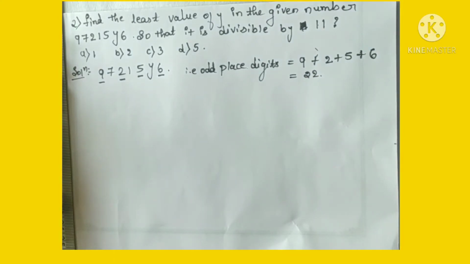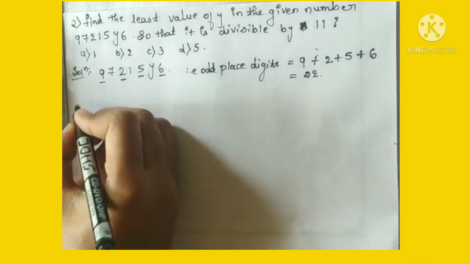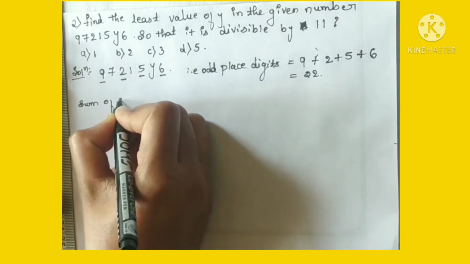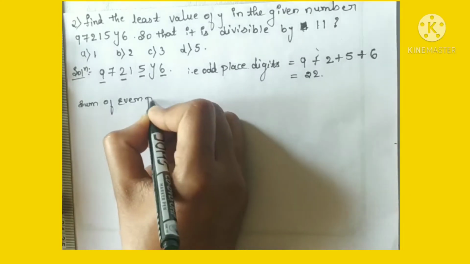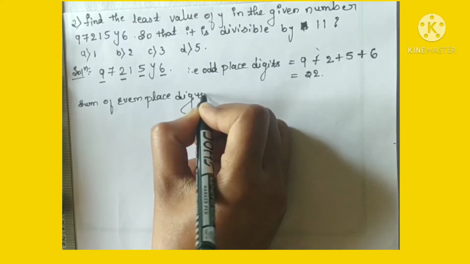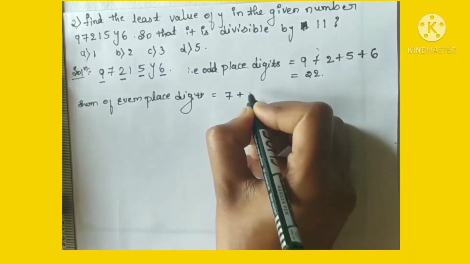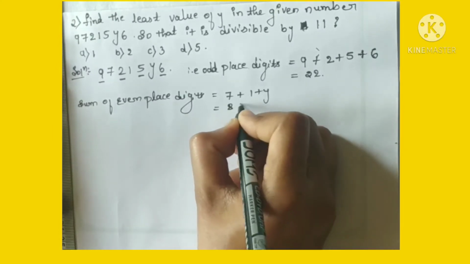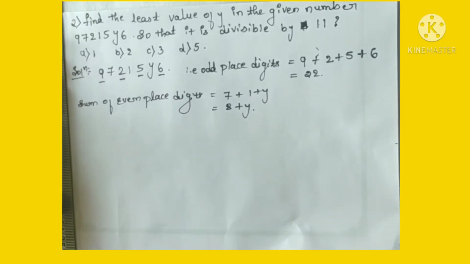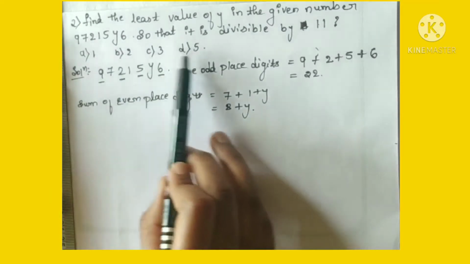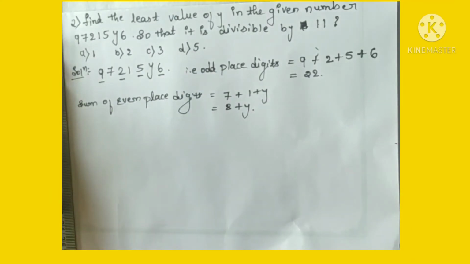Now I consider the sum of the even place digits, equal to 7 plus 1 plus y, which is equal to 8 plus y. Now I choose the value of y from the options such that it must satisfy the divisibility rule of 11.